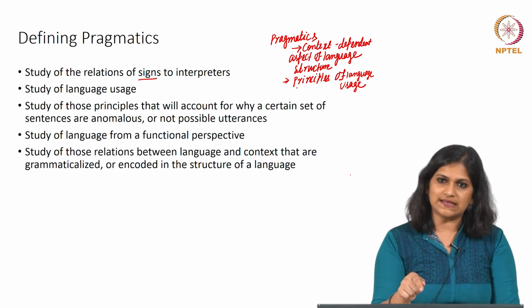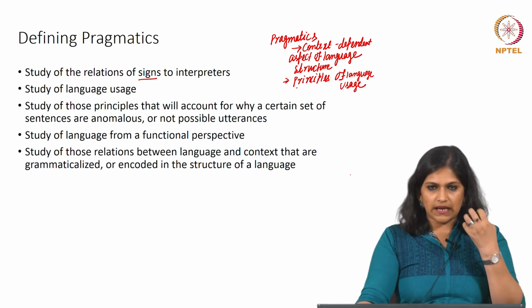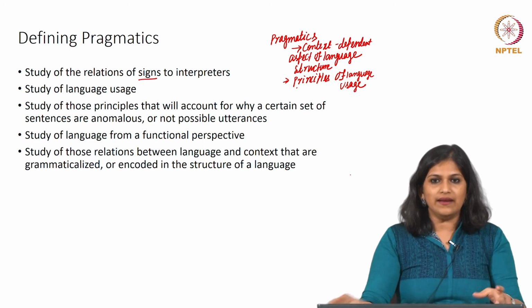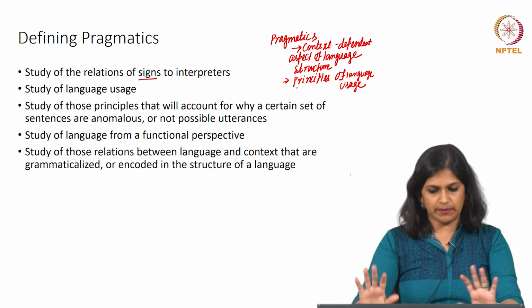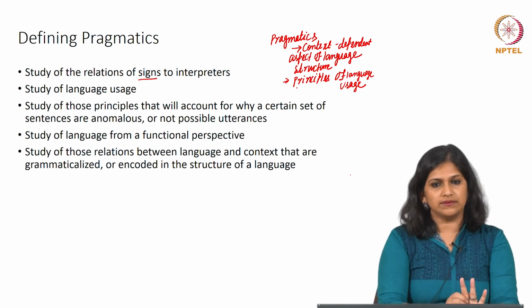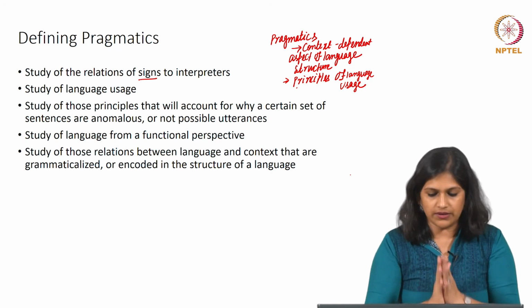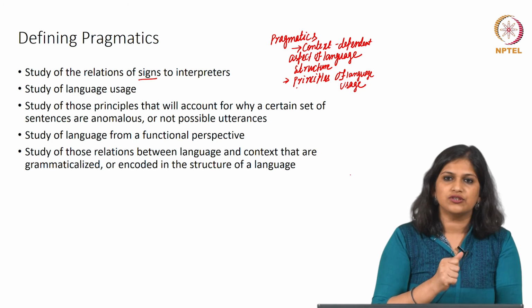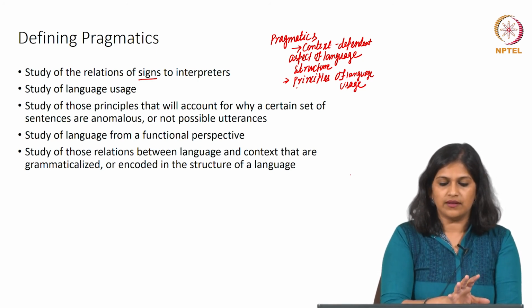See, this kind of definition, when you say it should give us an account, it should give us a reason why a certain set of sentences are anomalous. Anomalous is basically they are not possible. It is not possible for the utterance of certain constructions. Pragmatics should be the study of those reasons.